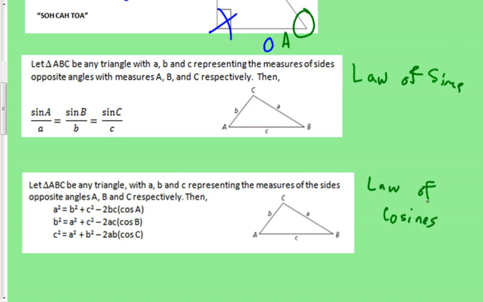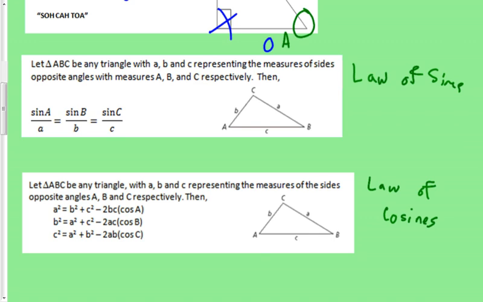All of the other ones we dealt with had to be right triangles, but these can work for any triangles. You can use the ratio sine A over the opposite side a is equal to sine B over the opposite side b. You can do that with any of the ones as long as you have two angles and one side, or two sides and one angle.